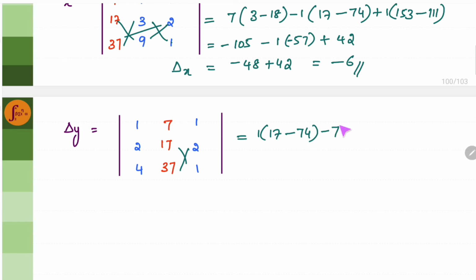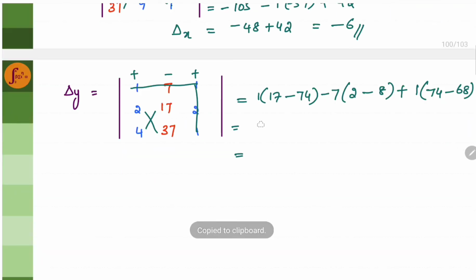Minus 7, the second element, into 2 into 1, 2 minus 4 into 2, 8. Then the third element, plus 1 into 2 into 37, which is 74, minus 17 into 4, 68. So we'll get minus 57 minus 7 into 6, which is plus 42 plus 6. So it's going to be minus 9.